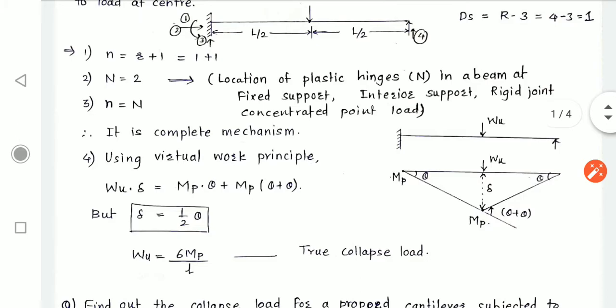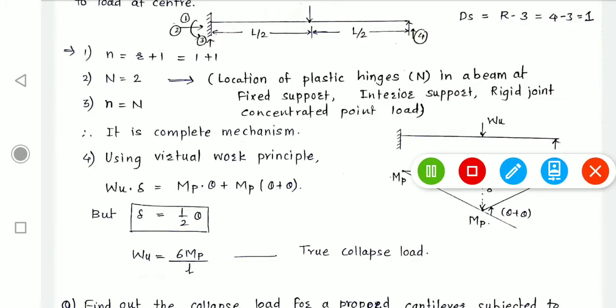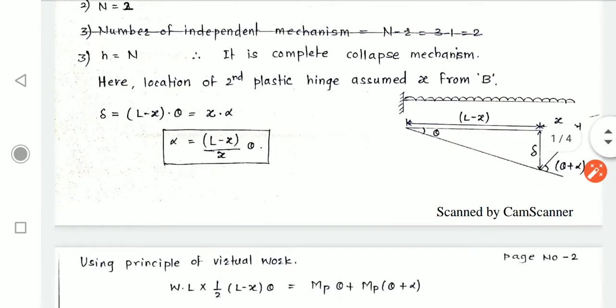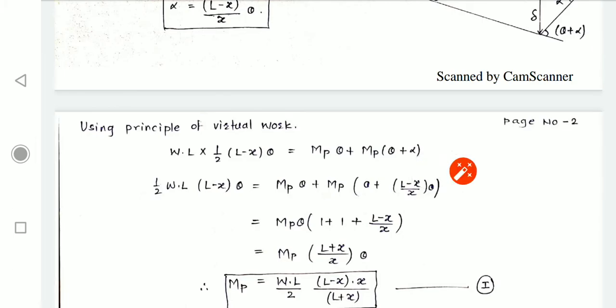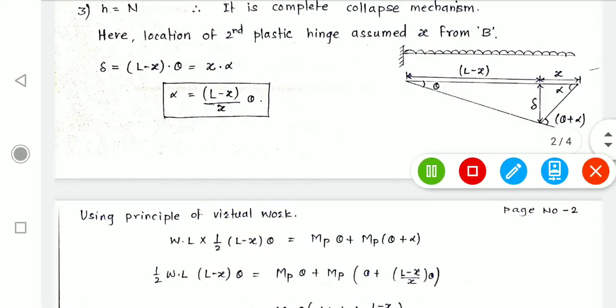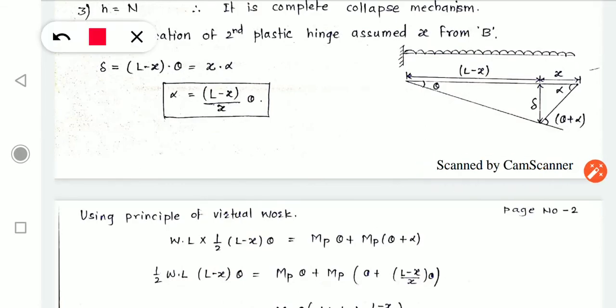See here, W into deflection, right? Similarly we are writing over here. Now the load is W into L and deflection is in terms of theta. What is deflection in terms of theta? It will be 1/2 L minus x into theta.